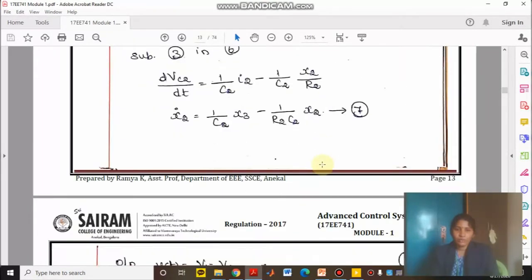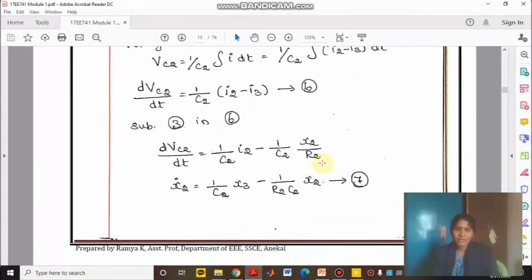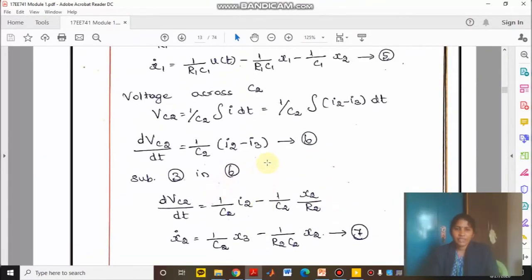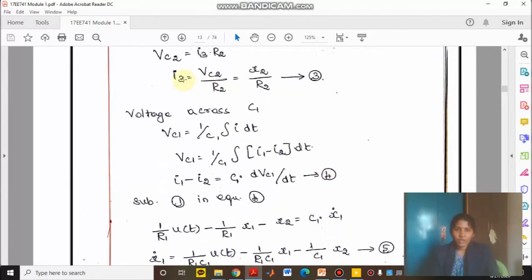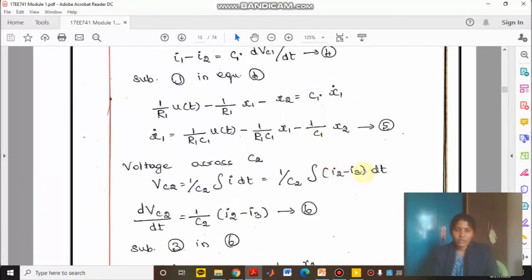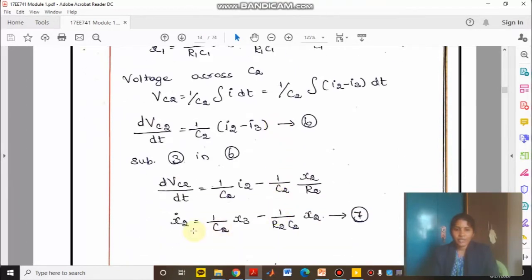So when you find the current through the capacitor, the voltage across the capacitor C2, we get Vc2 is equal to 1 by C2 integration of I dt. This I is nothing but I2 minus I3, and we know what our I3 is. So substitute I3 over here, replace all your physical quantities by state variable quantities. You will get x2 dot. So now we have identified x1 dot, x2 dot and x3 dot.